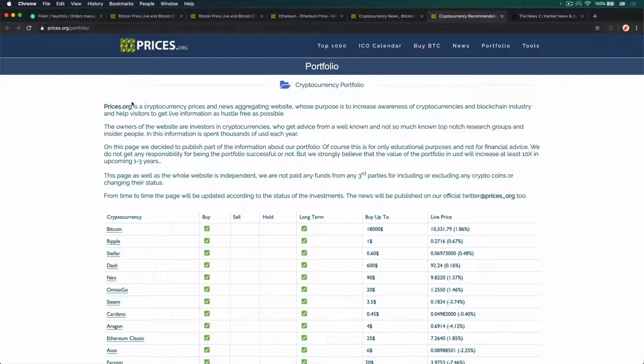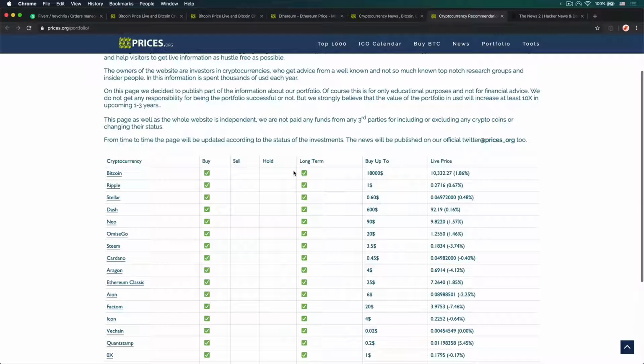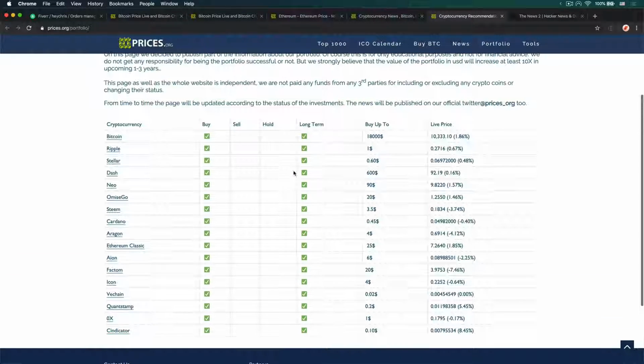Okay, what is this? Okay, so you are providing information about your portfolio. Okay, so as far as I can see, basically you're saying you're currently buying all these, you're holding them all long term.